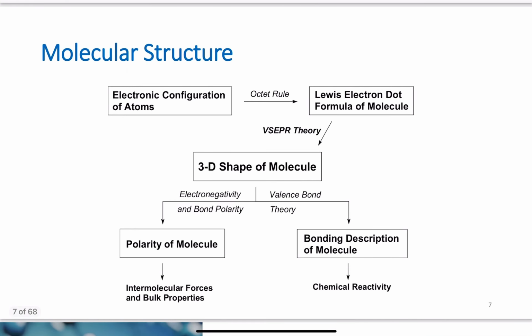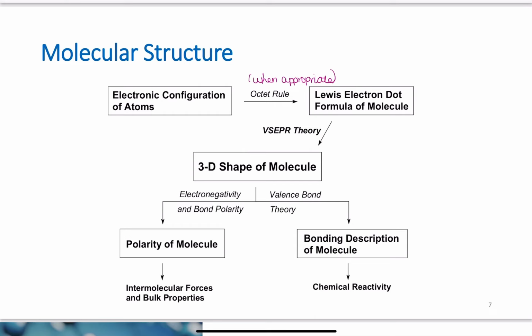So molecular structure, we can follow this kind of rule. So electron configuration of atoms, we covered this in chapter 9. We apply the octet rule when appropriate. And then we get our Lewis dot structures, either Lewis electron dot structure or Lewis structures for molecules.